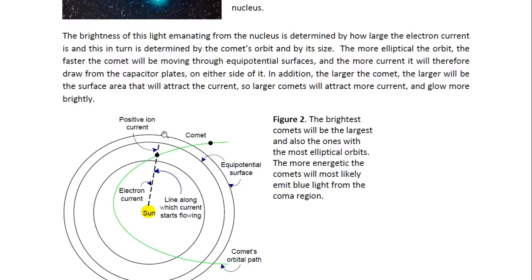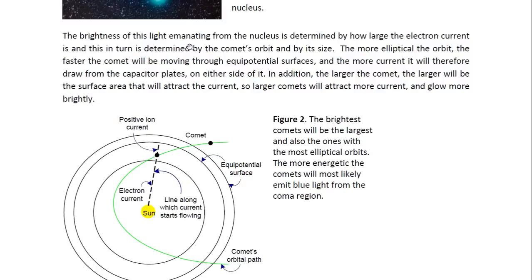So charge is transferred from the capacitor to the comet in order to try and equalize its potential to its environment. So the result is a current of electrons coming from the Sun towards the comet and the current of ions coming from the nearest nebula cloud, and these meet at the comet.